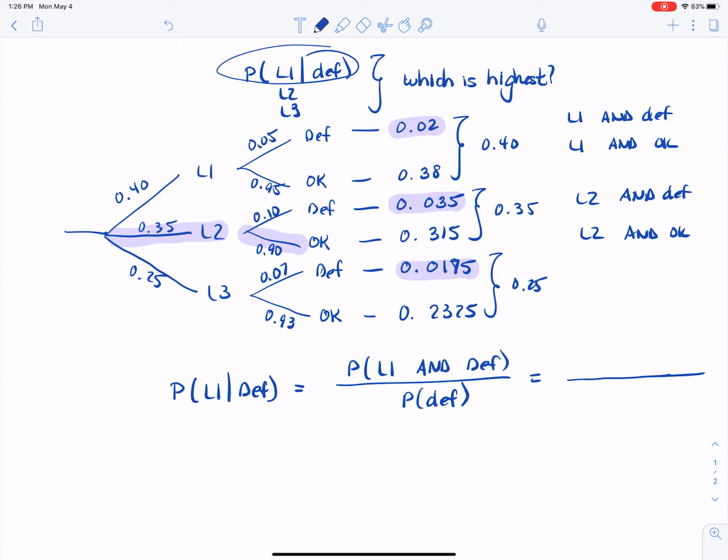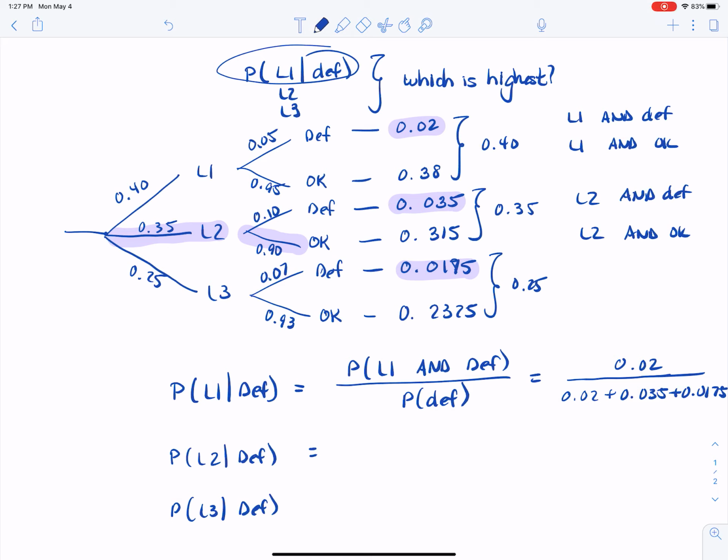Using line 1 as a starting point, the probability of being defective is just the sum of those 3, and line 1 and defective is 0.02. We could calculate that out, but the goal is to figure out who is most responsible, so let's look at the other 3.